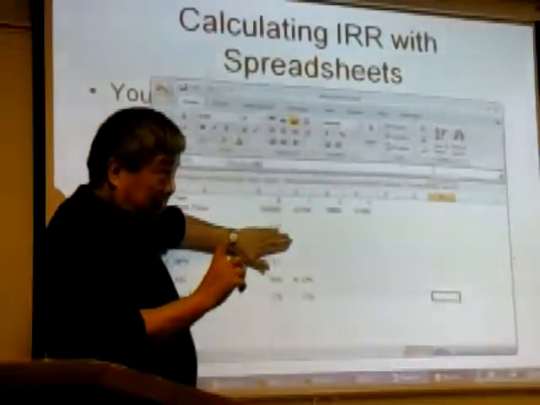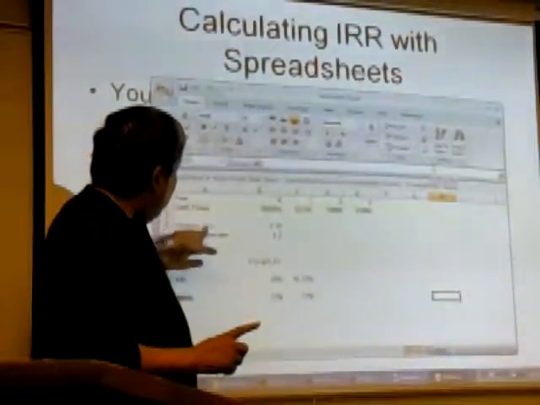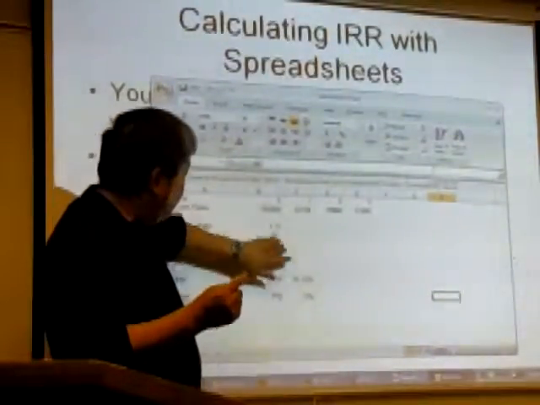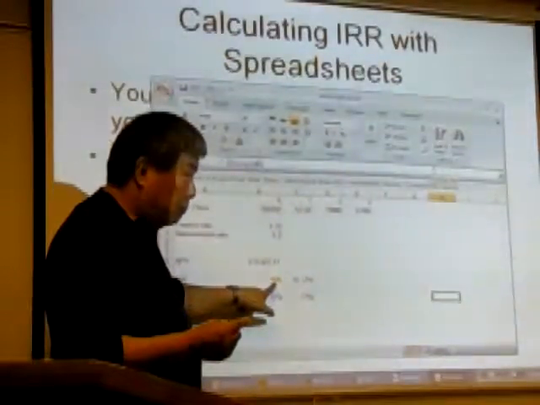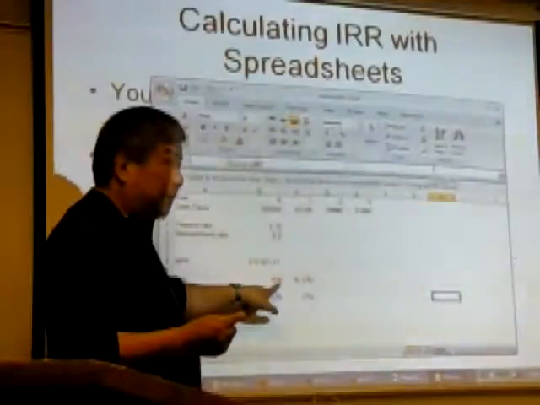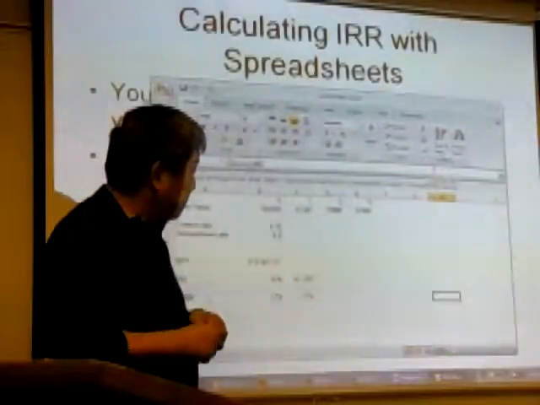Now, let's look at the first one. We call it the financing rate, or the cost of capital. Then we can calculate IRR. The IRR here is 16%. You get 16%.